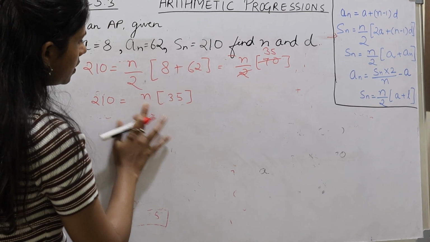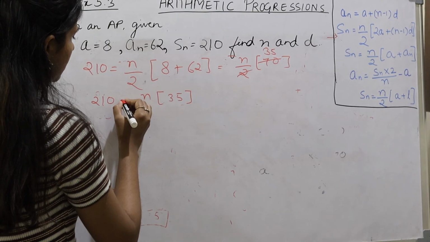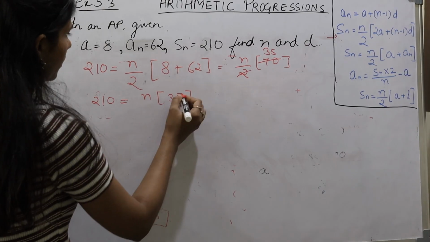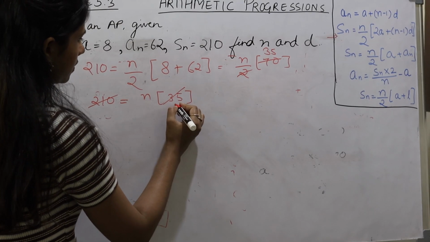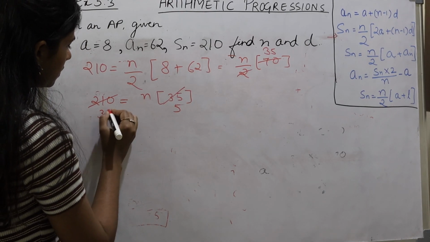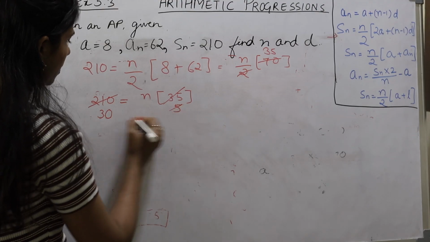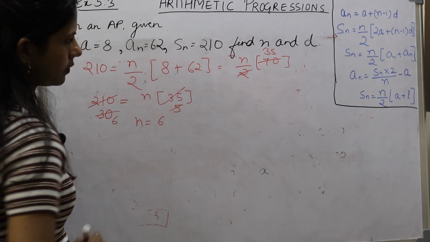Okay, sorry. 2 is already calculated. Now we will see here, this is 7 into 30. So n is 6 here.